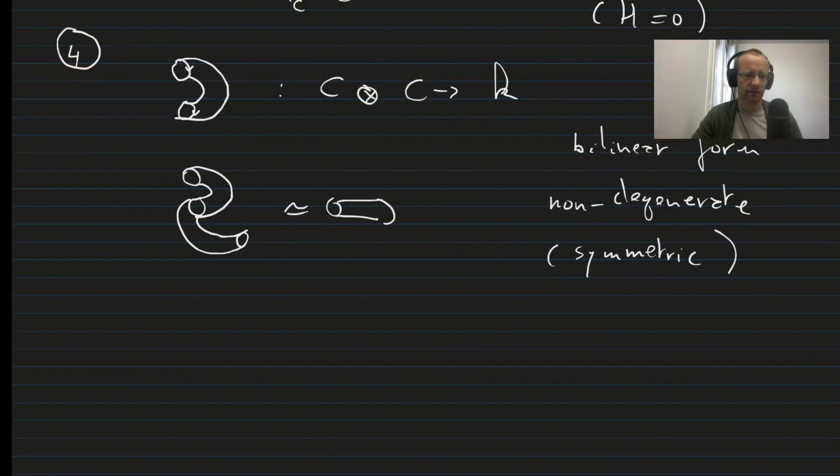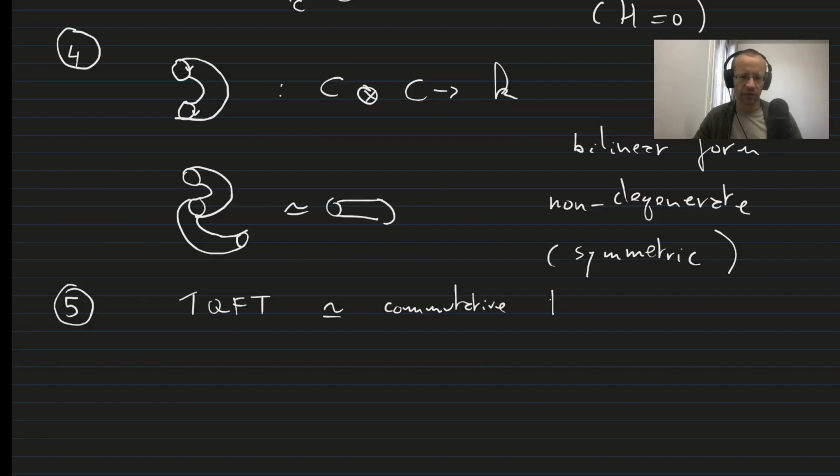So then fifthly, we come to the conclusion, which is that a topological quantum field theory for closed one-dimensional manifolds, or interpolating between closed one-dimensional manifolds, is equivalent to a commutative Frobenius algebra. Why is that?